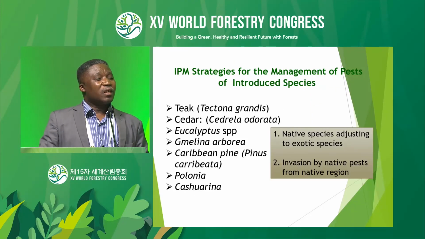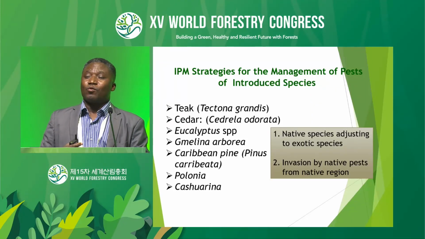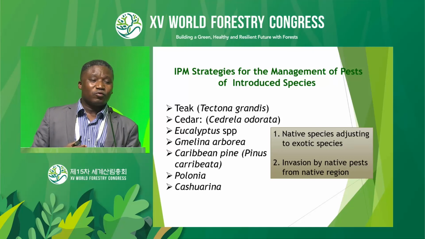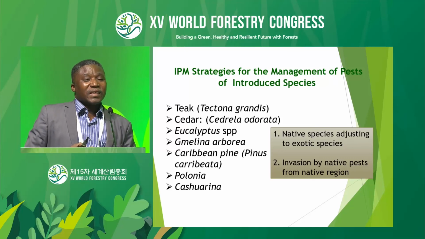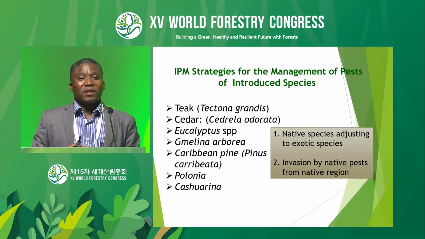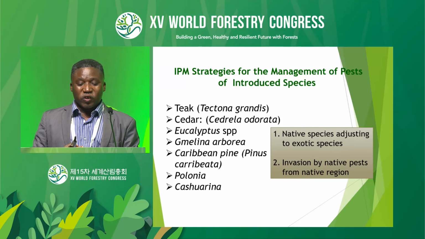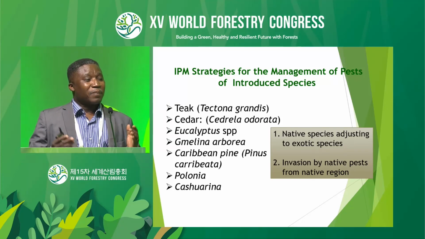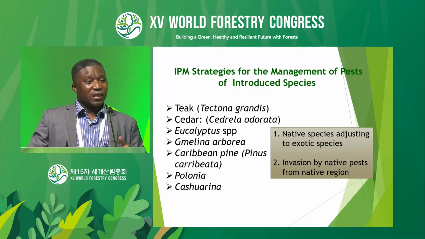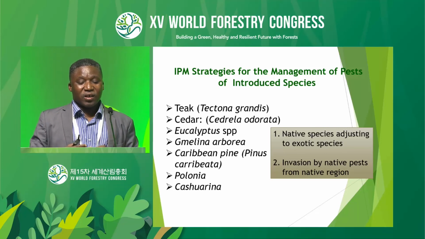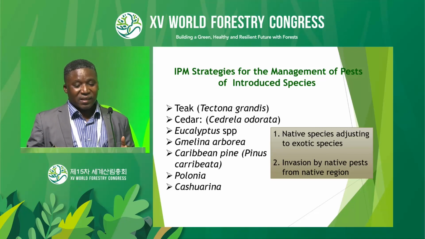And then one of the things that happened in the past two decades or so, when native species were not doing well, was that the attention went to exotic or introduced species. So most of the plantations in Ghana today and in the sub-region, you have teak, we have the cedar or the Cedrela, you have eucalypts, Gmelina, pines, and so on.